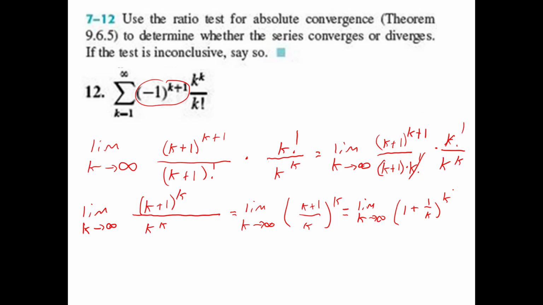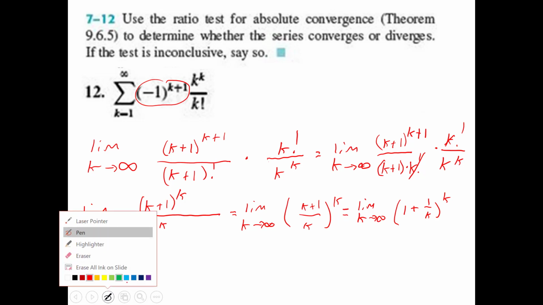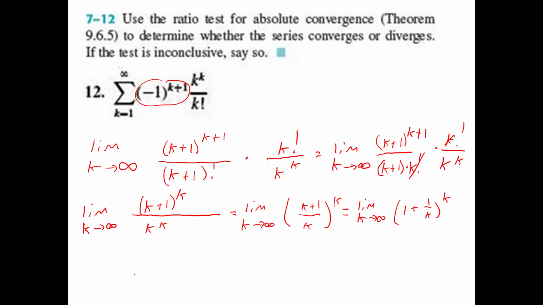And if you're comfortable with what this limit is, you can write it down, but if you don't remember, then we've got this problem where my variable is up in the exponent. And again, we've done this before.